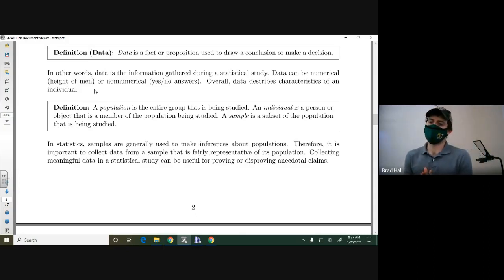And then probably the most important word here is a sample. So a sample is a subset of the population that is being studied. So sometimes it's really hard to get information about every particular person, say, in the United States. So one of the big examples, every 10 years, the Census Bureau goes out and tries to tally up all the people in the United States.